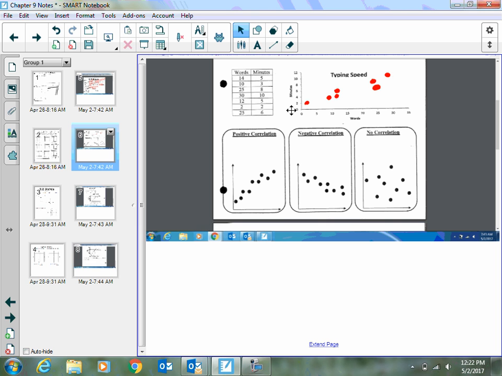Now, they're not all going to look the same because we're all kind of judging it on our own, but it should look similar. You should have 7 points plotted. And make them visible. If you're just putting little dots, those aren't visible.